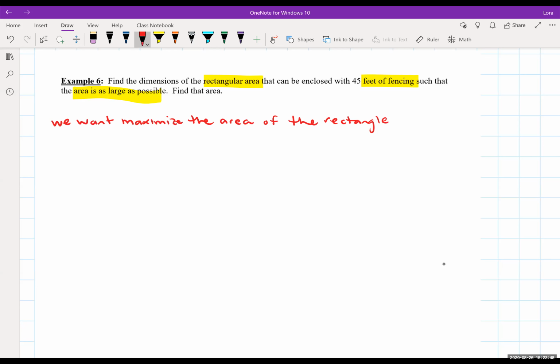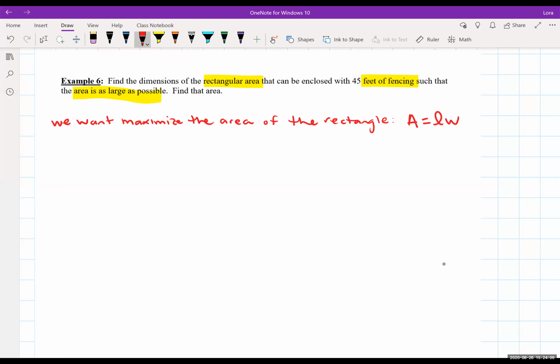So if I understand what it means to be an area of a rectangle, I do remember with how rectangles work, area is equal to length times width. So that's kind of going to be my key function that I'm working with throughout the problem.